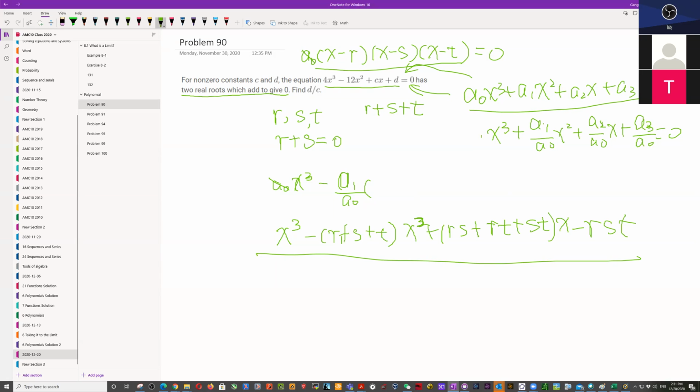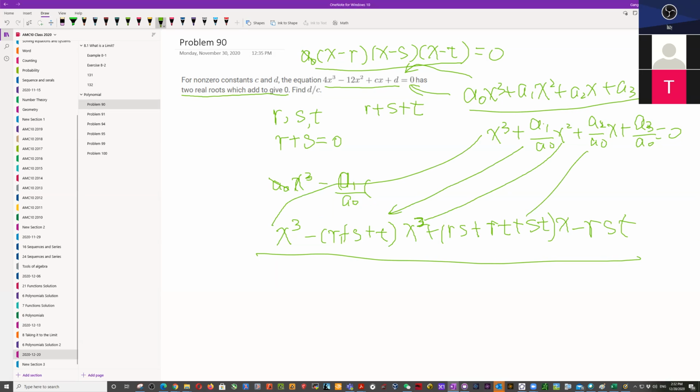And because right now this formula and this one are already synchronized in format, you are able to link them. Because the x squared coefficient is the same, their coefficients have to be the same.